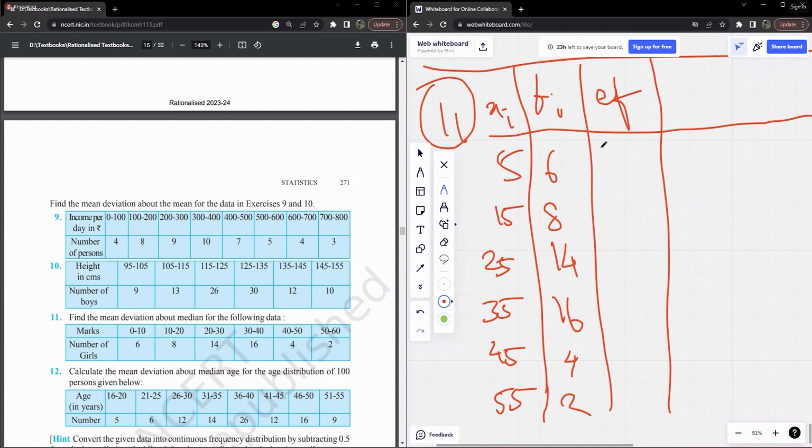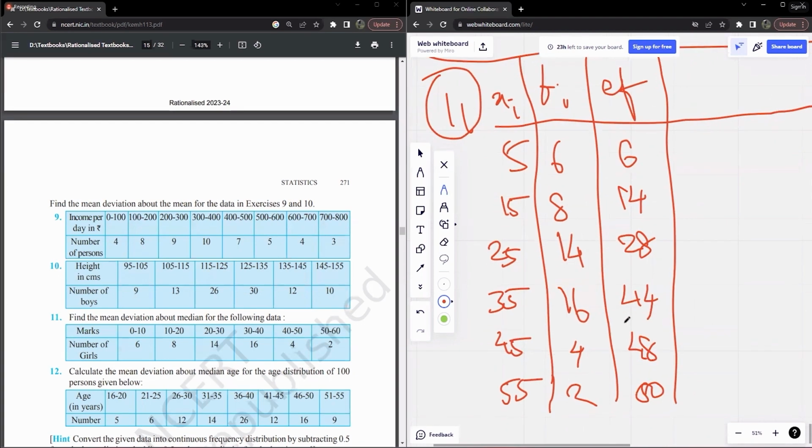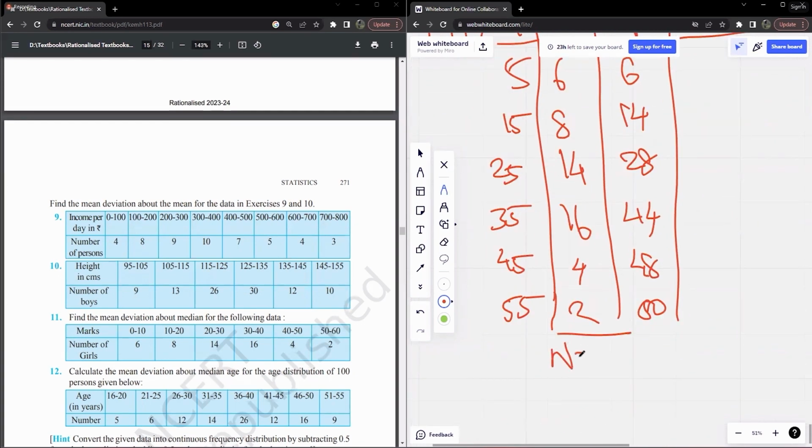The cumulative frequencies then are going to be 6. 6 plus 8 is 14. 14 plus 14 is 28. 28 plus 16 is 44. Then 48. Then 50. Which means that capital N is 50.